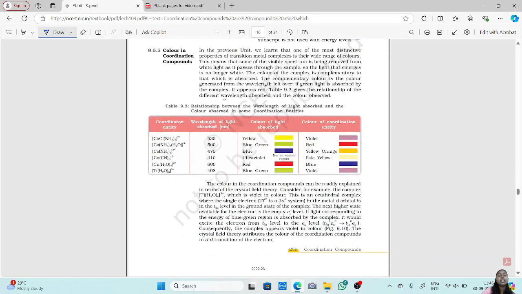Now next is the color of coordination compounds. In the previous unit we learned that one of the most distinct properties of transition metal complexes is their wide range of colors.